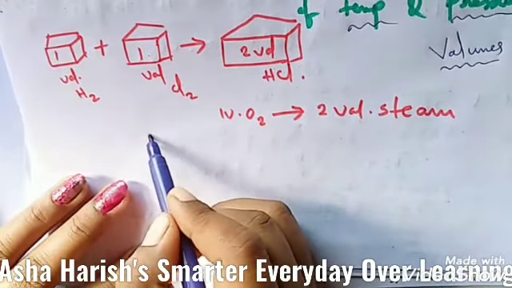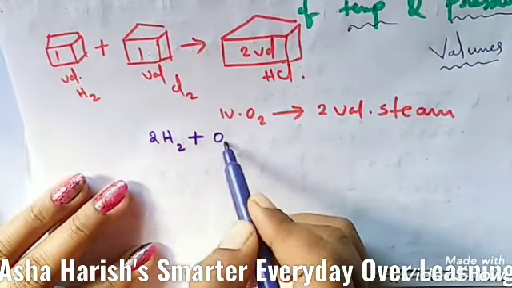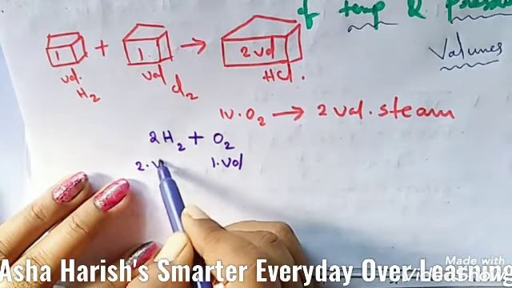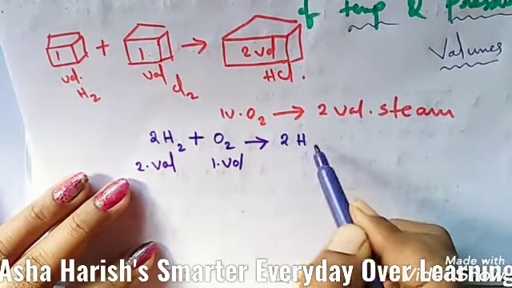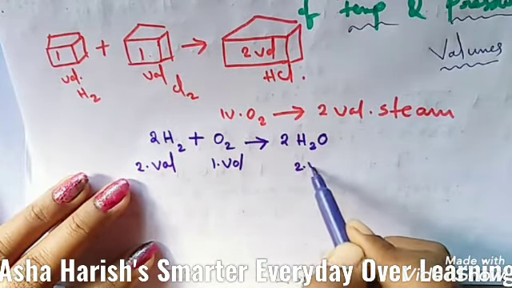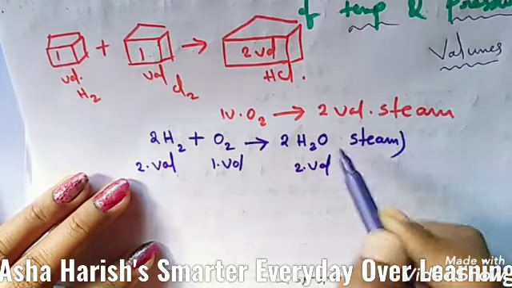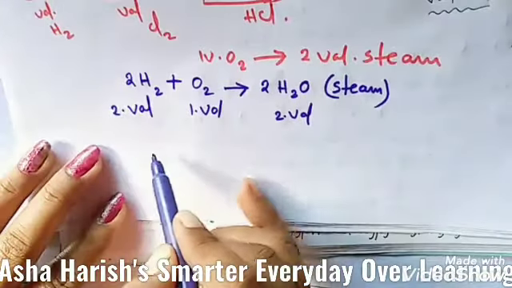That is 2H2 plus O2. Here O2 is 1 volume, hydrogen is 2 volumes, leading to formation of 2H2O. This is also 2 volumes, that is steam.